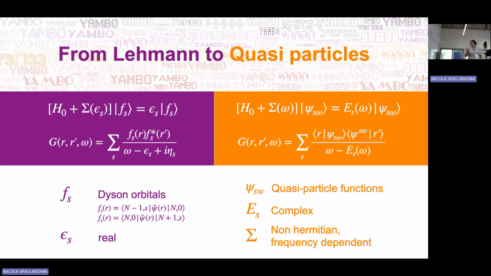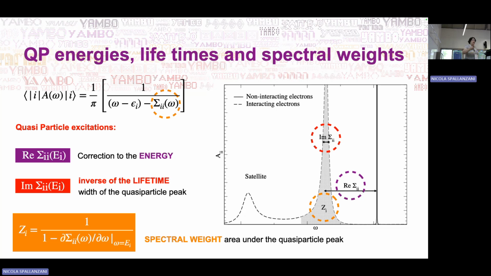But still, this gives a picture that is simpler to interpret when we look at the results of a Green function. So if we again go back to our spectral function, we can see that under certain approximations, we can write the spectral function as a function of this self-energy that we'll introduce better later, and this self-energy carries the information of the structure that we have seen in the photoemission measurement.